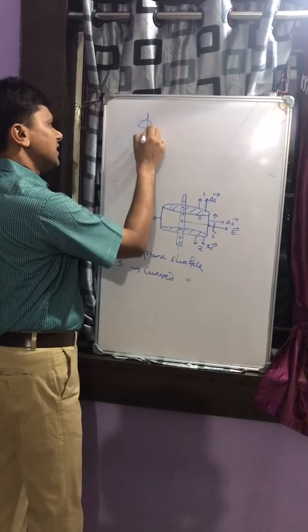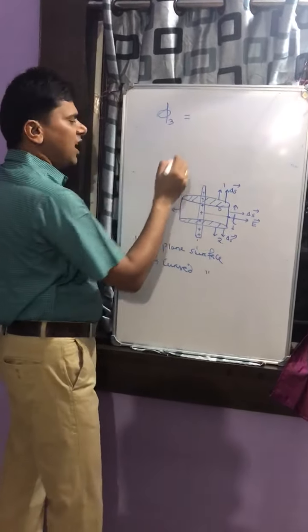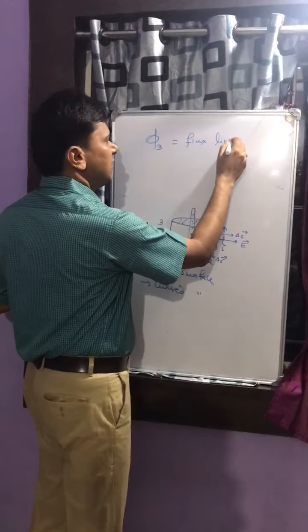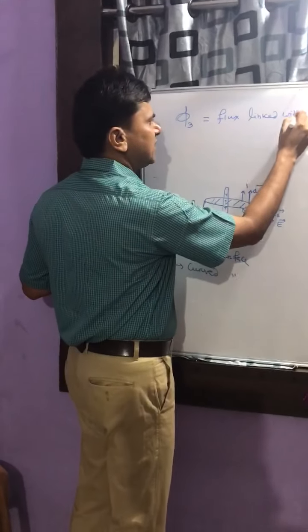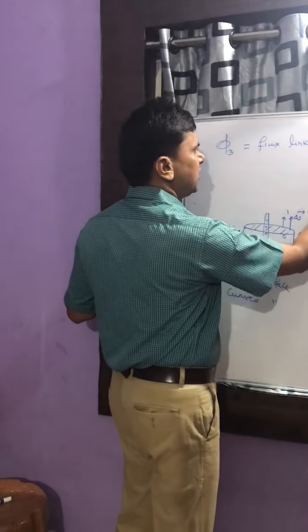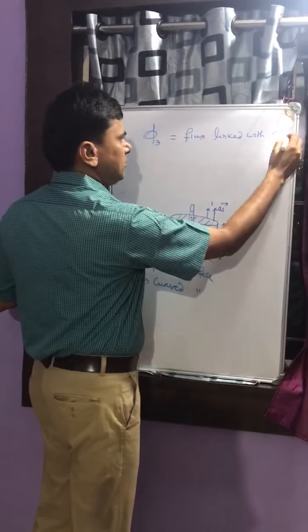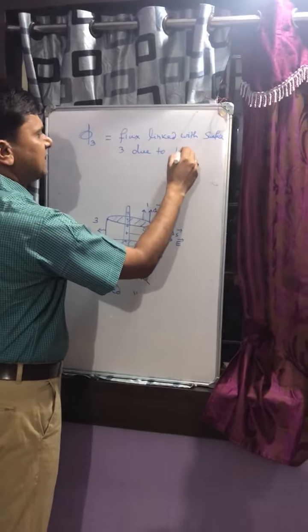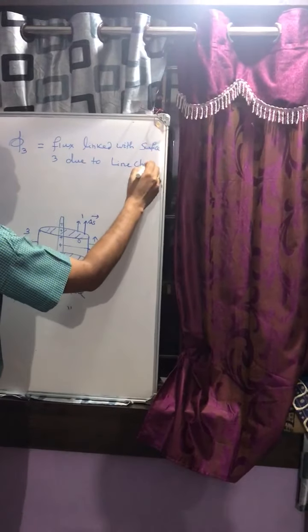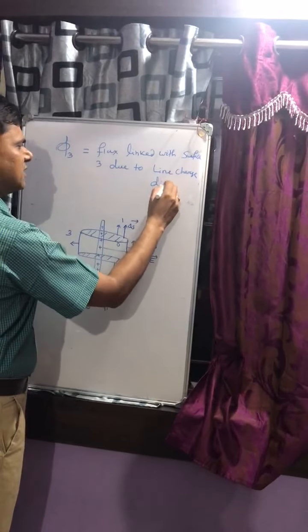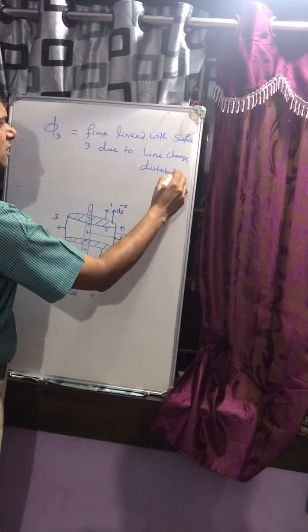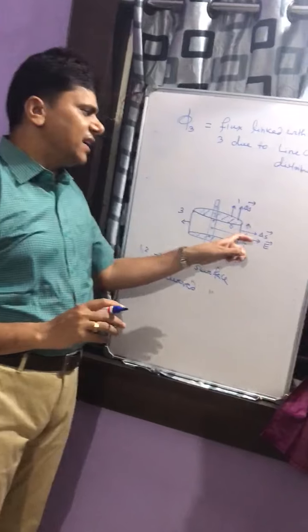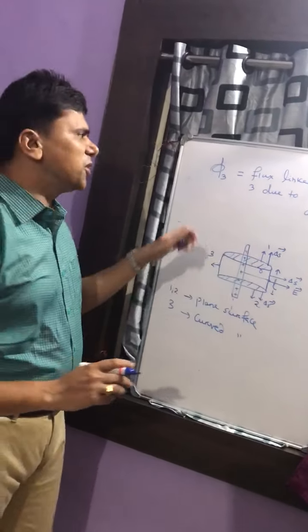Out of these three surfaces, for surface number 3 there will be some flux linked. That means we will have phi 3, the flux linked with surface 3 due to the line charge, because here the electric field and delta S make an angle of 0 degree.